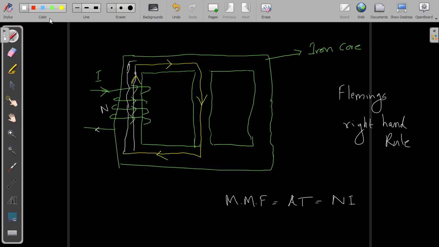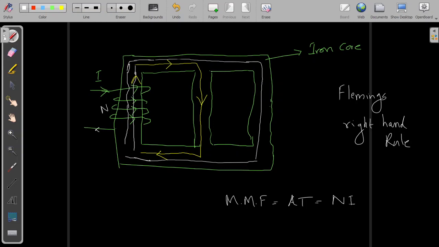And the second path available for the flux line is like this. Sorry, some correction.